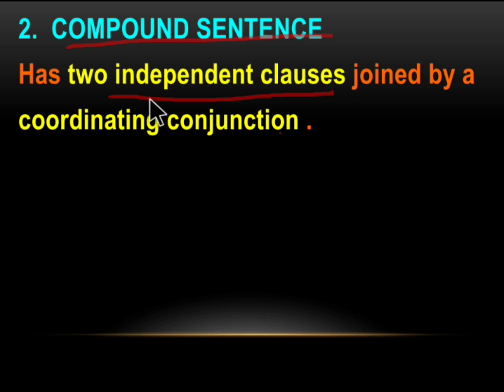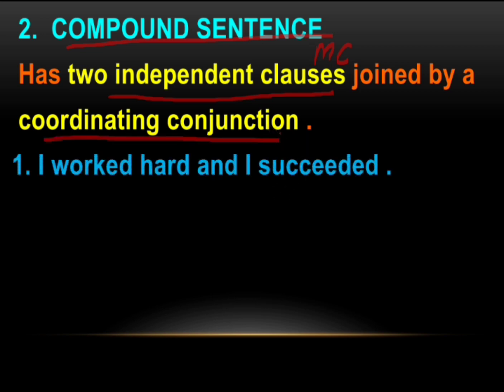In the previous video, we learnt independent clause means it is the main clause. The main clause is otherwise called the independent clause. And a compound sentence has two independent clauses, that is main clauses, and those main clauses are joined together with a coordinating conjunction. Now let us see the examples.